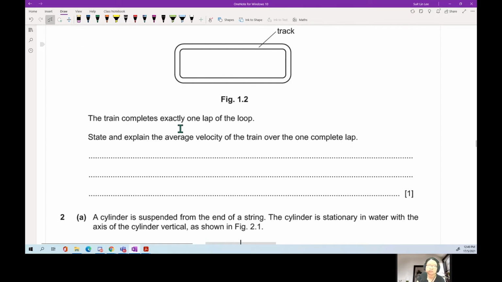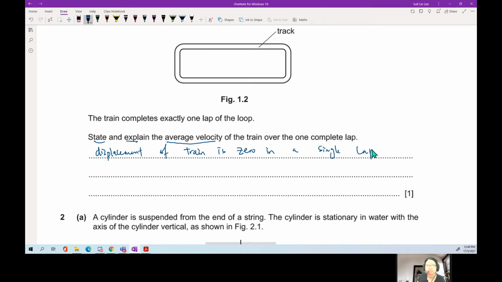The straight section of a track is part of a loop. The train completes 1 lap of the loop, so turn 1 round and come back. Average velocity, state and explain. We'll say that the displacement of the train is 0 in a single lap.